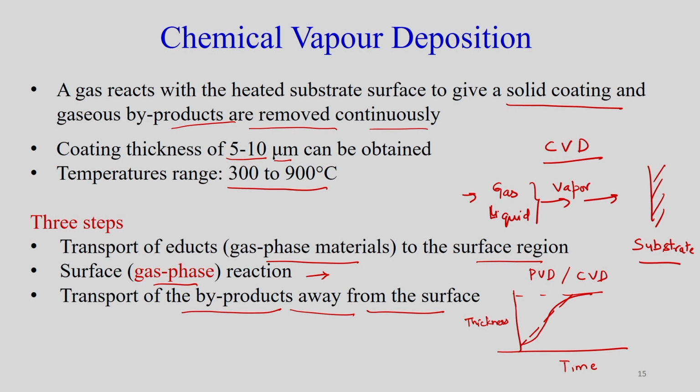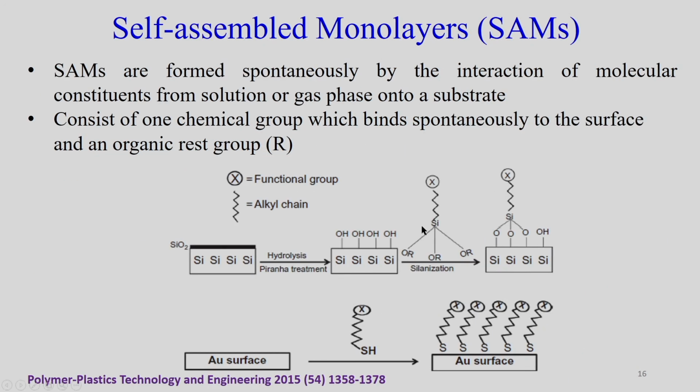so that it should not interfere with the modified layer or surface modification. So, in case of CVD, again this is a high temperature because of the involvement of gas phase reaction. If we go for a liquid phase reaction, one example is the self assembled monolayer. In case of self assembled monolayers, as the name suggests, self means they are formed spontaneously by interaction.